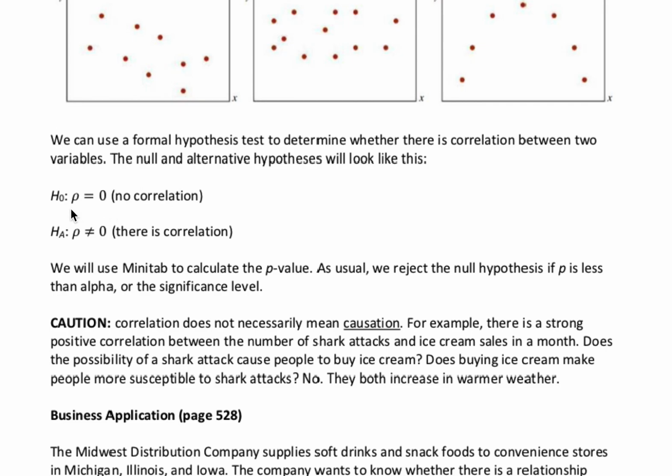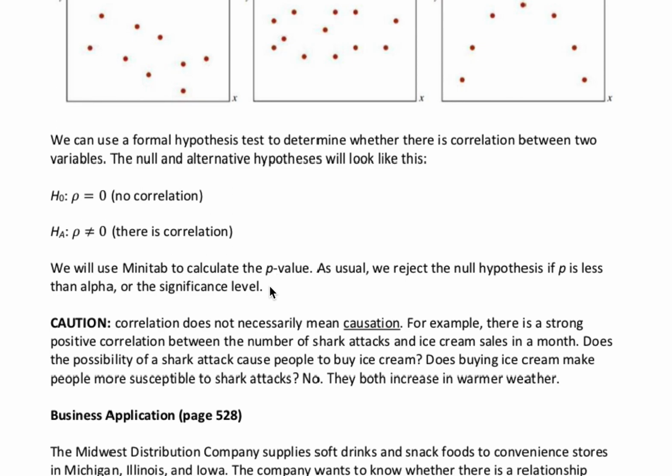This is actually the Greek letter rho, and we use Greek letters that correspond with their Latin letters in our alphabet. So r is the correlation coefficient. The Greek letter rho matches with r, and that's why it's this funny looking p. So rho equals 0, which means there is no correlation. Our alternative hypothesis is that rho is not equal to 0, which means there is a correlation.